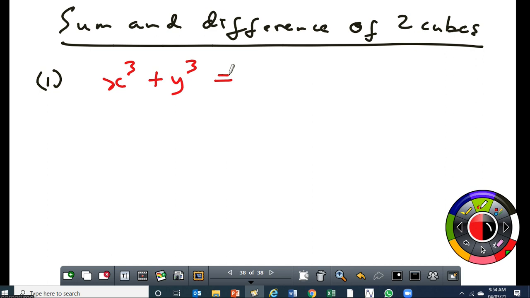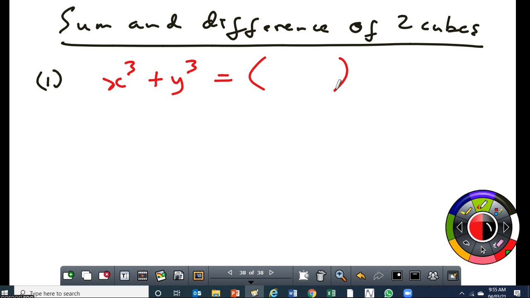When you factorize it, you always get two factors, a binomial and a trinomial. The trinomial cannot be factorized.